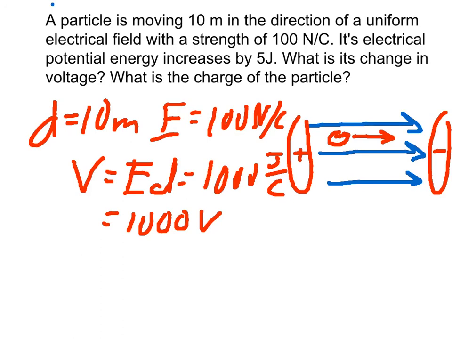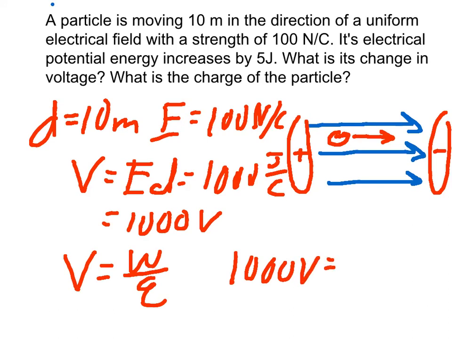Now, it says what is the charge of the particle? So we can say, okay, V equals W over Q to find the charge of the particle. Now we know V is 1,000, so we end up with 1,000 volts equals 5 joules over Q. When we solve that out, we end up with Q equals 0.005 coulombs.